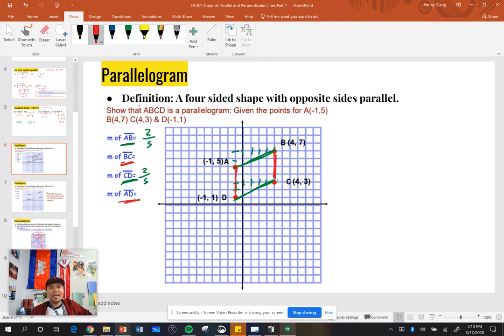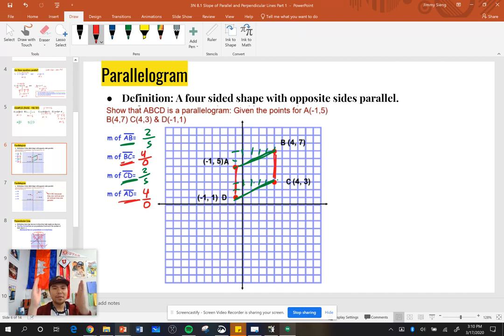We could check for those same things, but what's going on here? Look at BC and AD, right? If I was to check that slope, you got your rise, 1, 2, 3, 4 for AD, for example, but the run is 0. Again, BC looks like it's the same thing. Rise is 4, run is 0, right? So what do we call that? Remember, we have the positive, we have the negative, we have the no slope, and then the 0 slope, right?